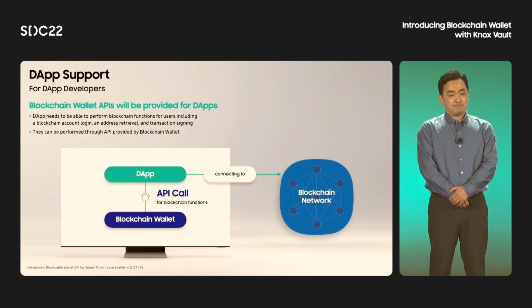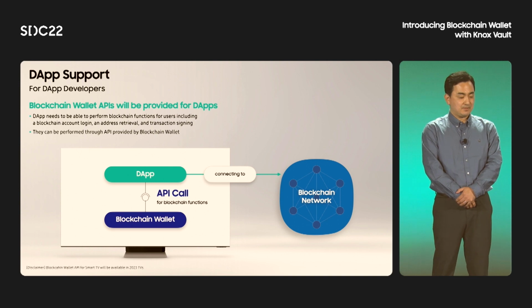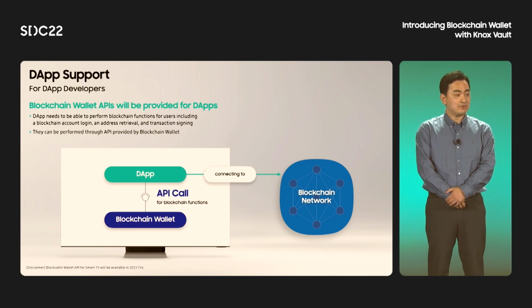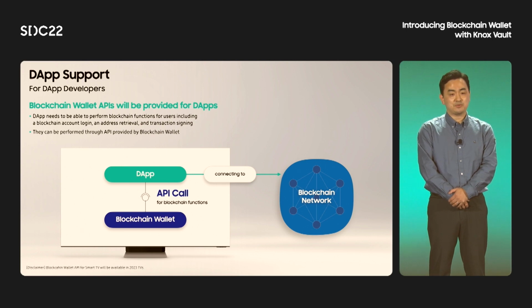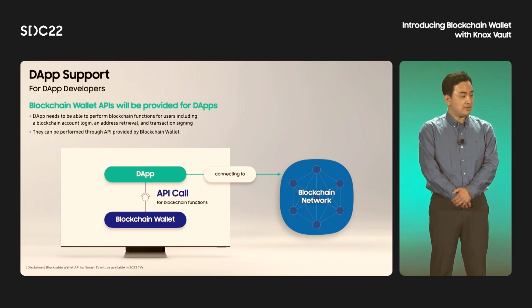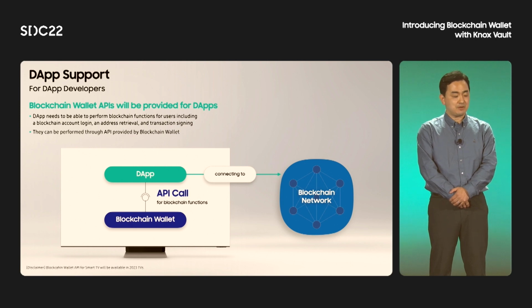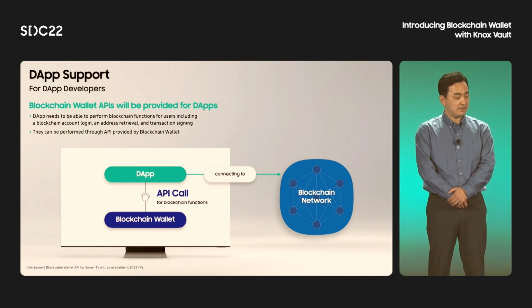Decentralized app, also known as DApp, is a digital app employing blockchain technology to keep users' data out of the hand of the organization behind it. Therefore, it requires access to users' blockchain account information. It should be able to retrieve the blockchain user's address and sign a transaction with the user's key.